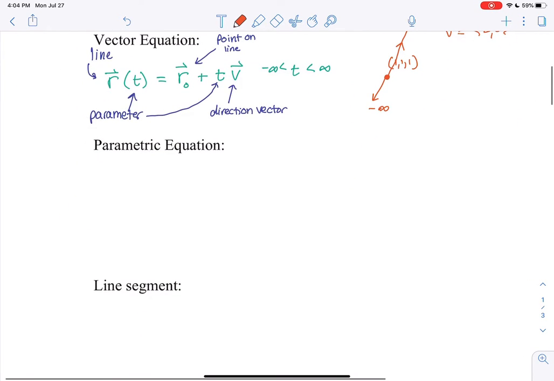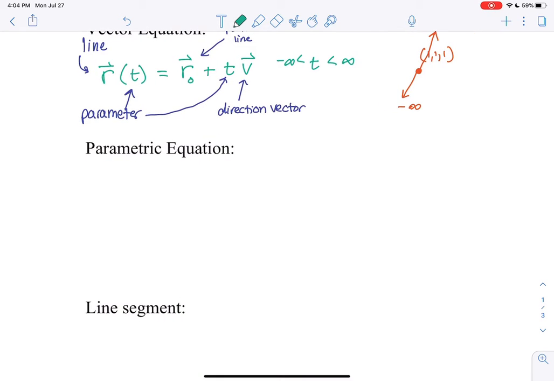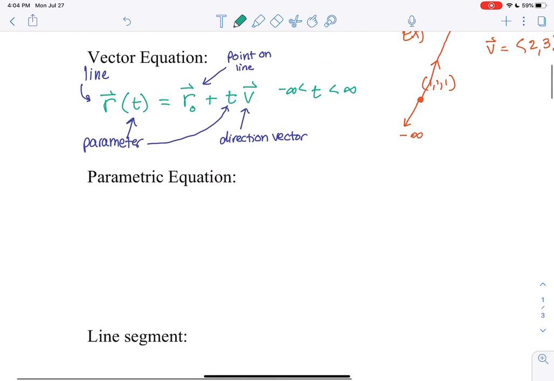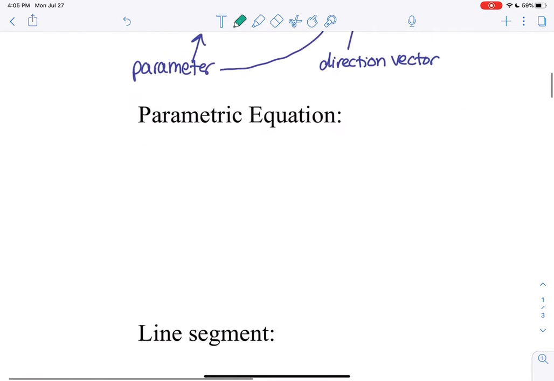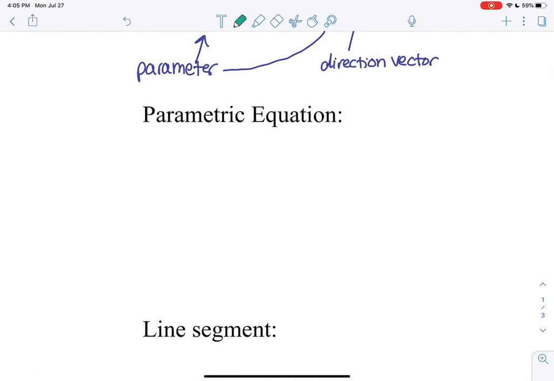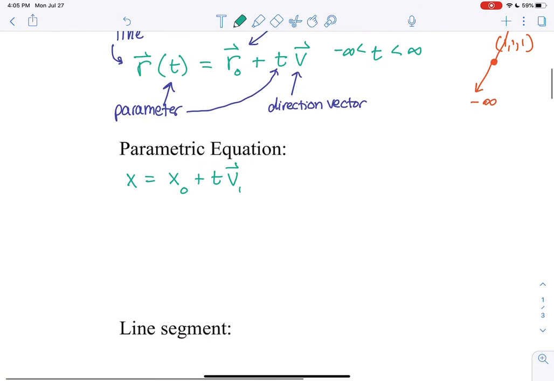Now, an equivalent version is if we set each of the components on the right and left-hand side of this equation equal to each other, the x value, the y value, and the z value. You can write it in the parametric form, which looks like this. x is equal to the original x point plus your parameter times the x component of your direction vector, the first value in the v vector.